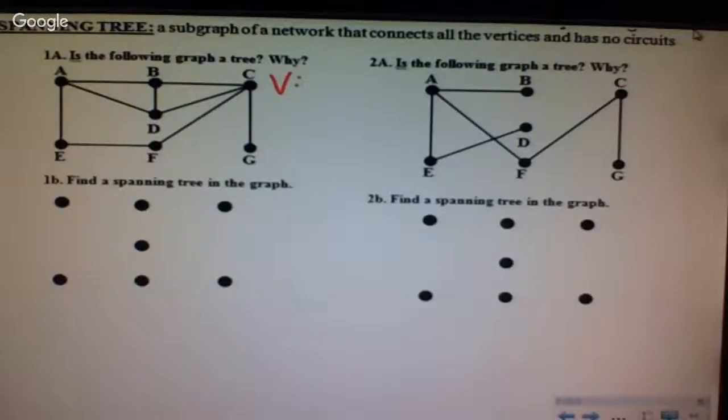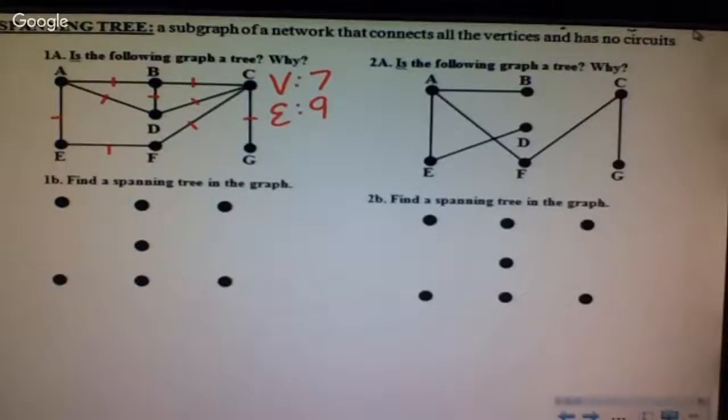Yes, 7. Right now, how many edges do I have? 1, 2, 3, 4, 5, 6, 7, 8, 9. I have 9 edges.